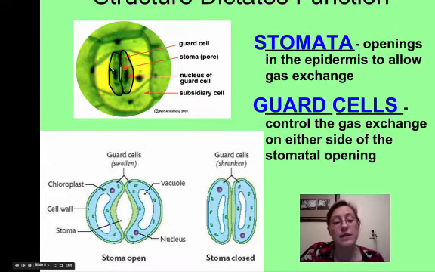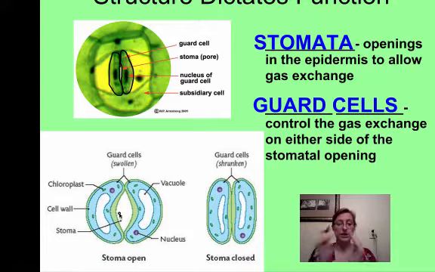So what do we mean by that? Let me tell you what's going to happen. These guard cells can change shape depending on how much water they have inside them. Down here on the left, these guard cells have very full vacuoles, so we would say that their cells are turgid, and that's what plants would prefer. When these guard cells become very full of water, they're going to swell and start bending.